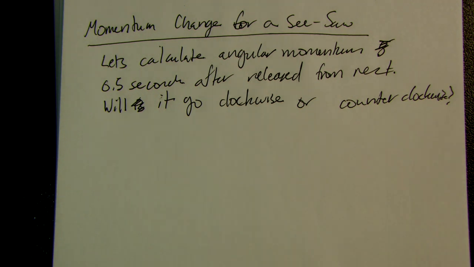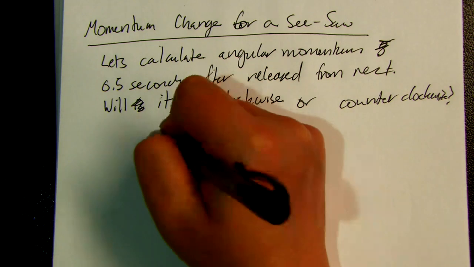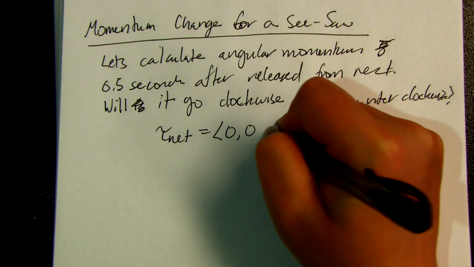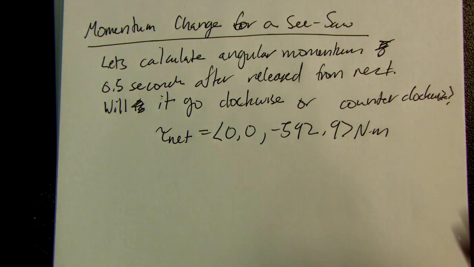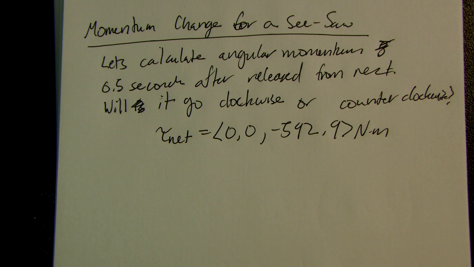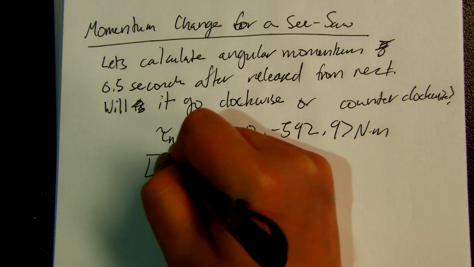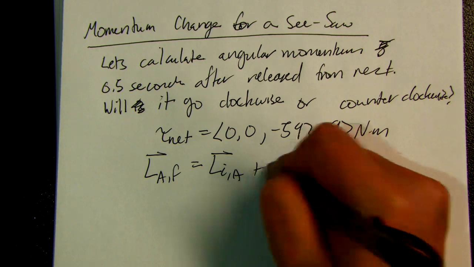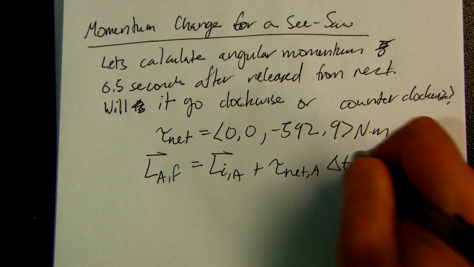Okay, so the net torque is equal to 0 minus 592.9 newtons per meter. So final angular momentum is equal to initial angular momentum plus the net torque with respect to A times delta t.